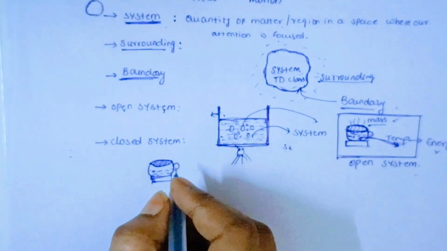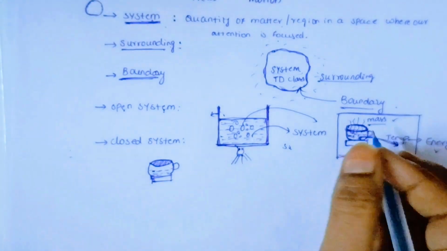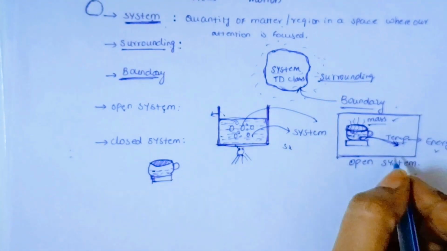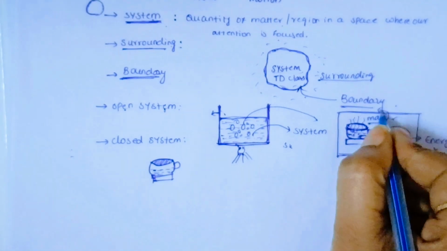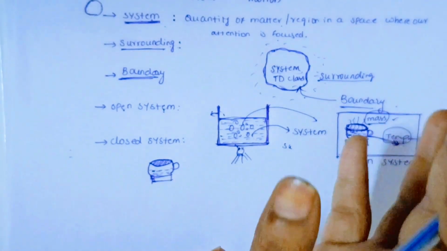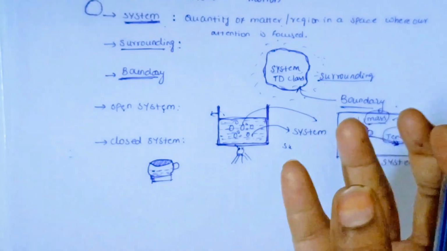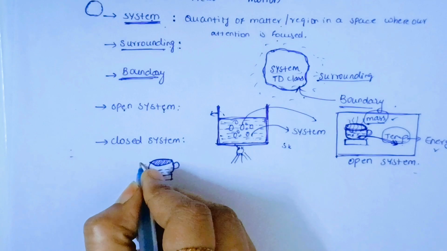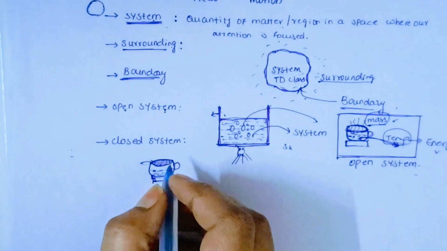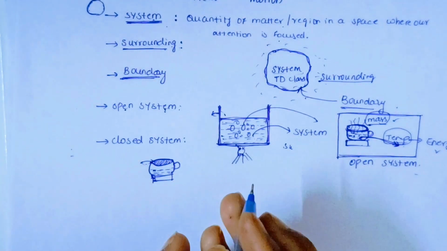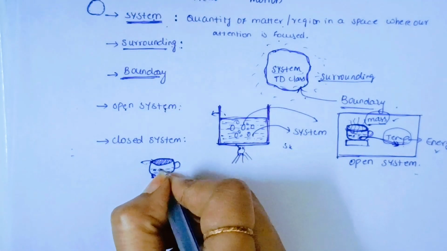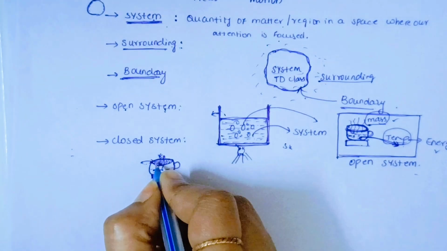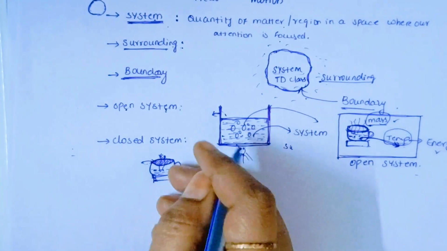She may not know terminology like mass and temperature, but she knows that if we keep a coffee cup aside, after some time the coffee gets cold. So what she will do is keep a plate on this coffee cup. Because of that, there is no mass transfer due to this closed plate.